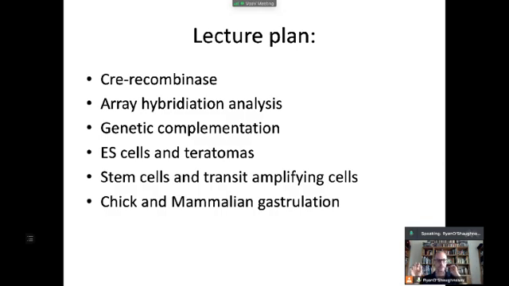And then we looked at the different ways that chicks and mammals gastrulate compared to, say, frog and Xenopus.